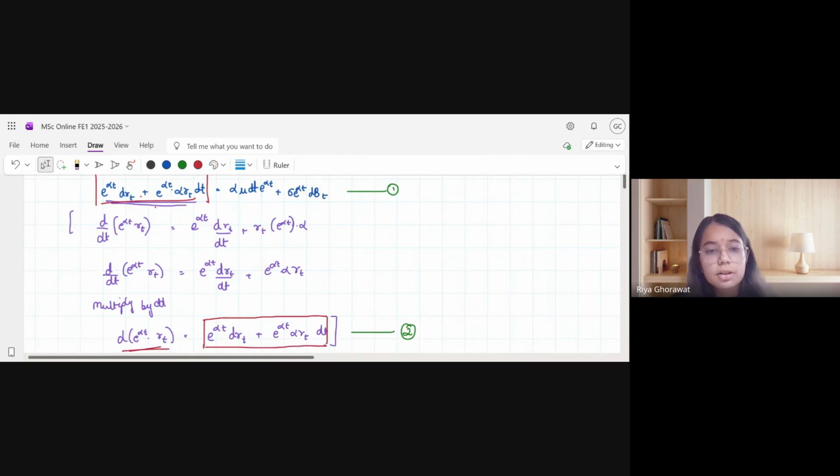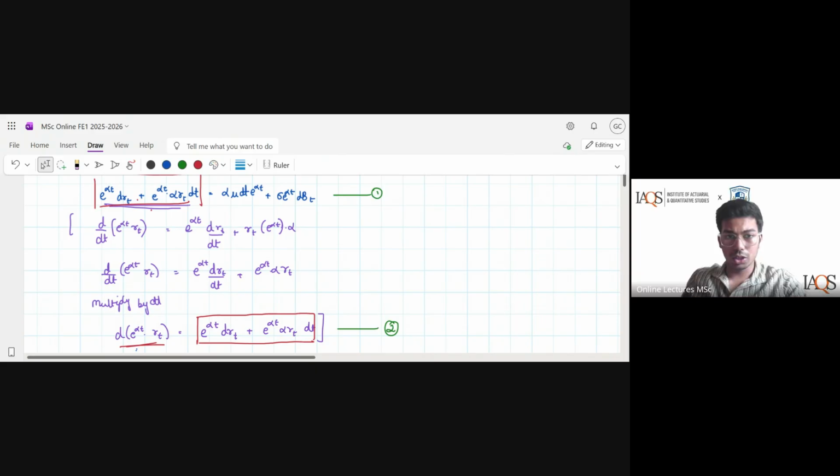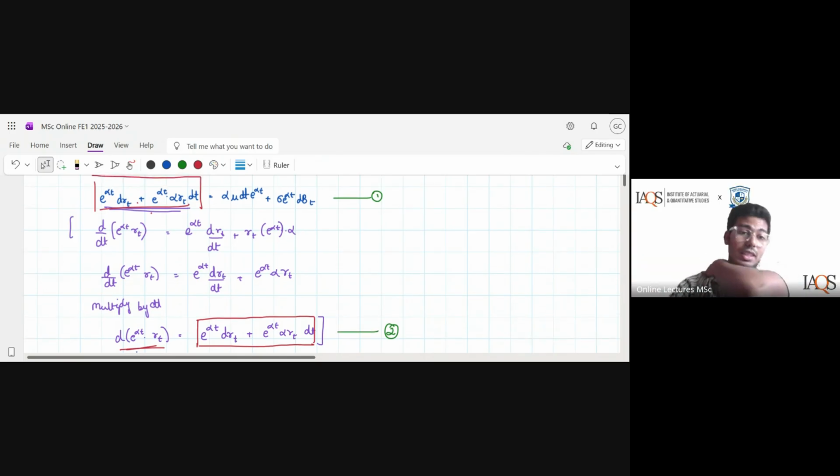After this purple part, why are we taking these two terms, differentiating e to the power alpha t and rt? We are not differentiating. I'm doing a separate thing: this looks like the UV rule for e raised to alpha t and rt.